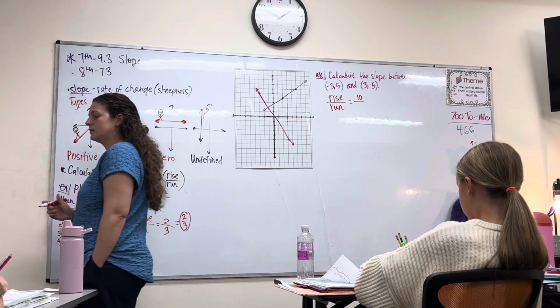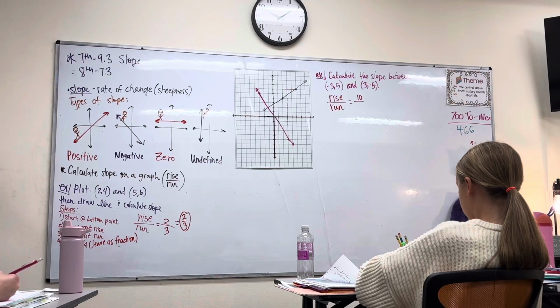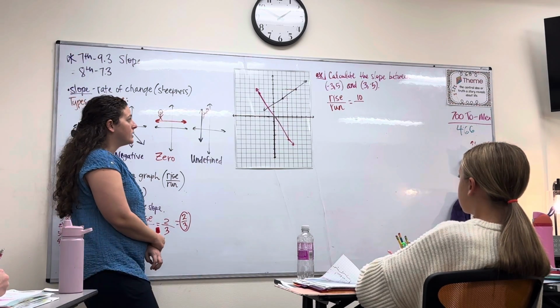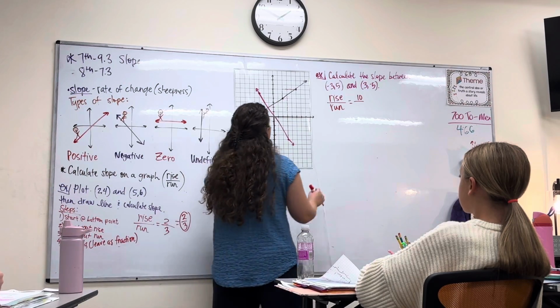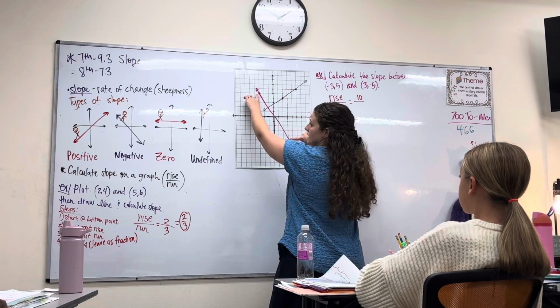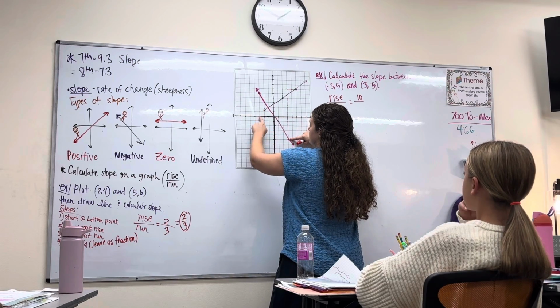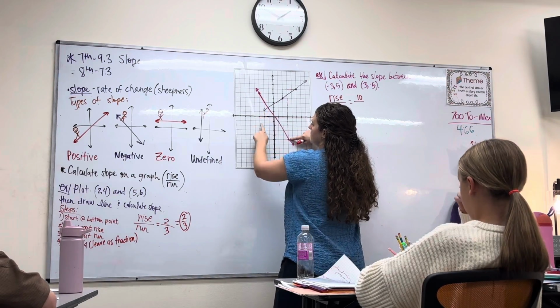You good with that? Mine's not 10. It should be 10 because we're going from positive 5 to negative 5. From 5 to 0 is 5, and from 0 to negative 5 is 5 more. 5 and 5 is 10.